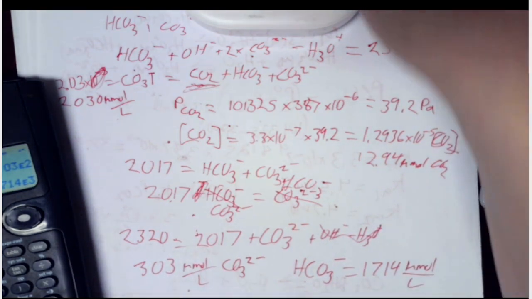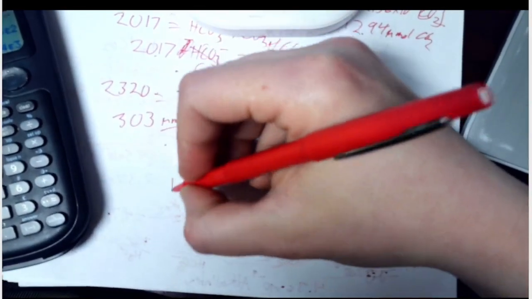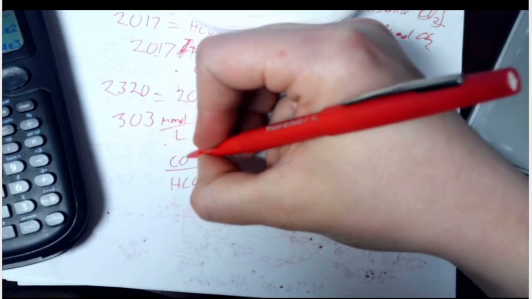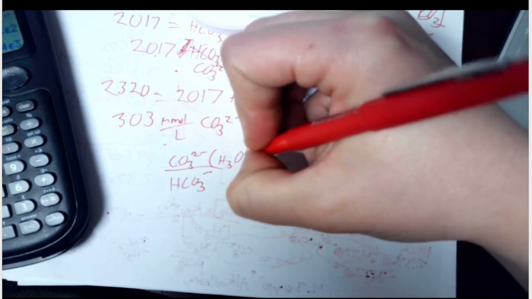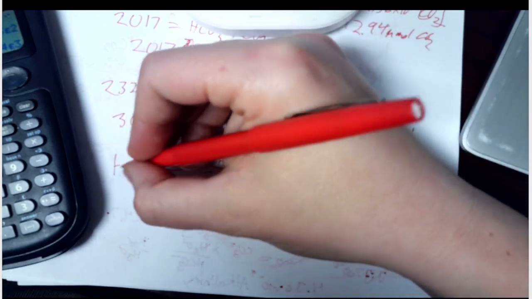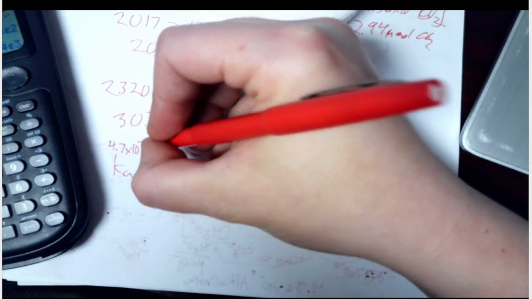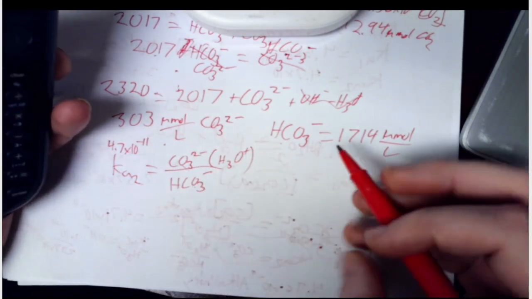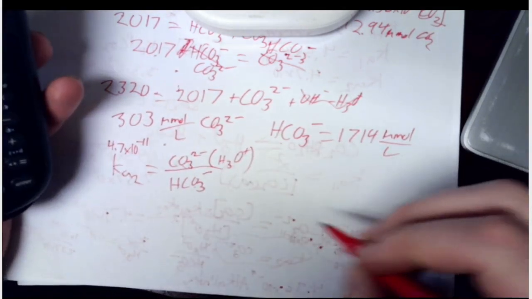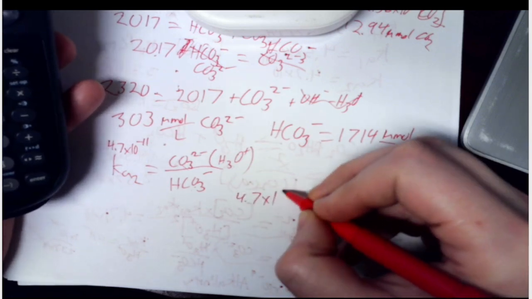And that leads us finally to the idea that hydrogen carbonate over carbonate times hydronium equals our Ka2 of 4.7 times 10 to the negative 11th. It doesn't matter what the units are because micromoles and micromoles work themselves out.